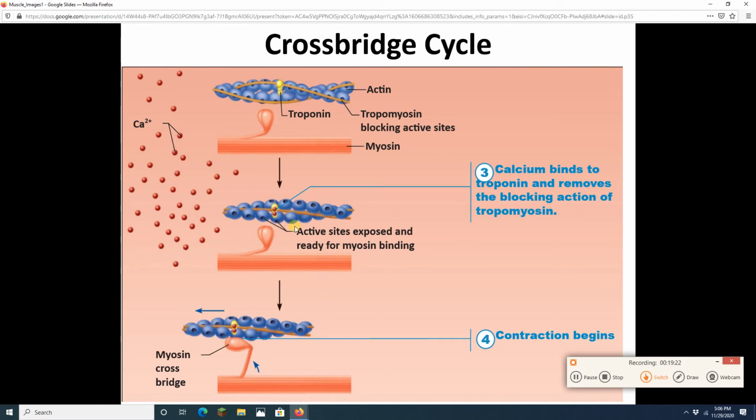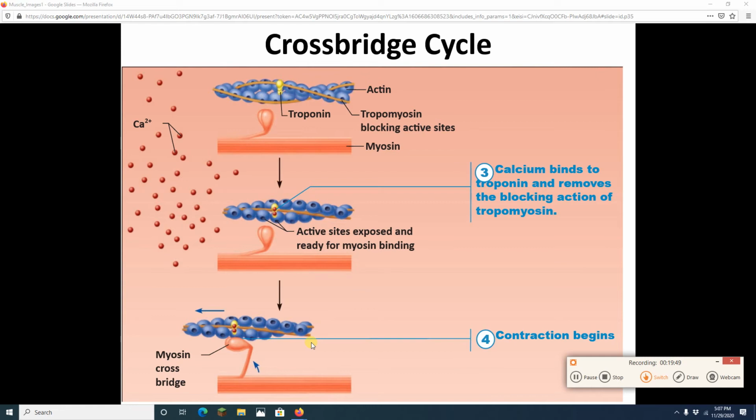And now the actin is exposed. Exposed to whom? To myosin. Myosin grabs on. And notice how myosin's bent here now. Myosin has now pulled actin inward, and the muscle cell has contracted. And by the way, this is called a myosin crossbridge, where the myosin and actin have interacted like this.